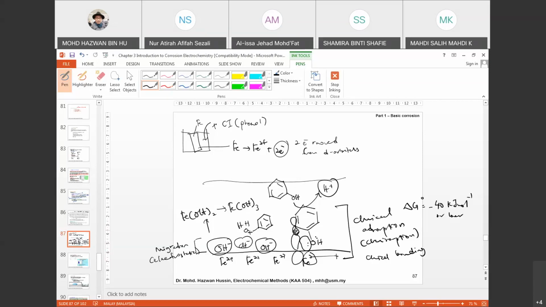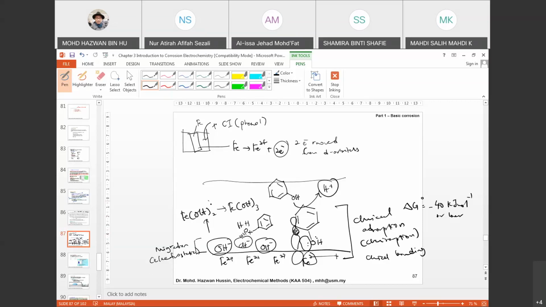If there is no inhibitor, it will further oxidize and form rust. But if you add the inhibitor and the H plus reacts with phenol, then it will be protonated phenol. Then this will give an interaction between the positively charged inhibitor and the negatively charged surface.